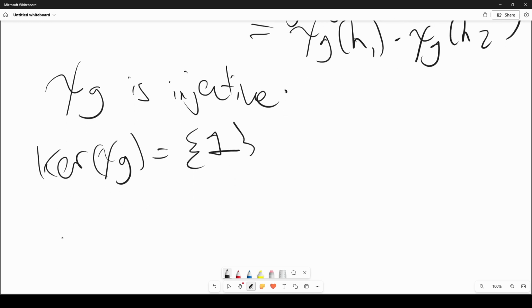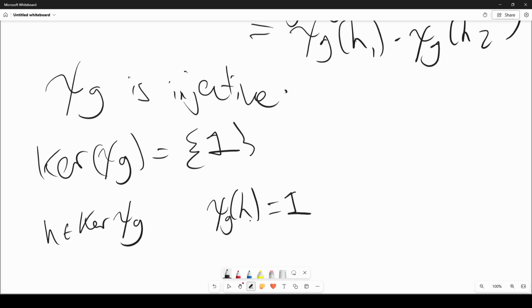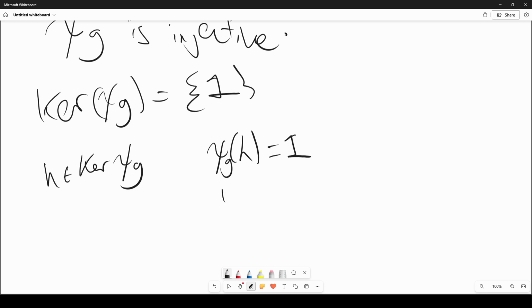Okay, so that means let's just take something in the kernel and we're going to prove that this thing has to be 1. This means that psi sub g of h equals 1. But psi sub g of h is also g h g inverse. Thus, g h g inverse equals 1.